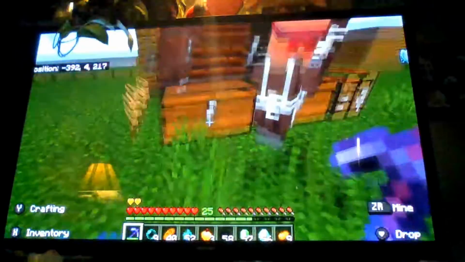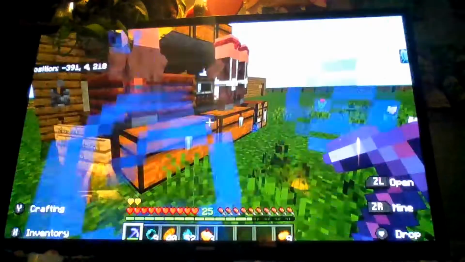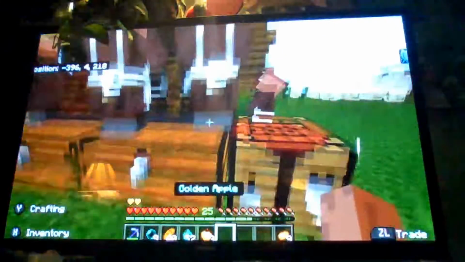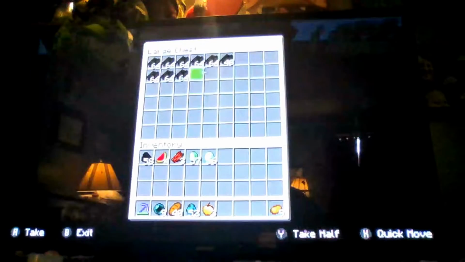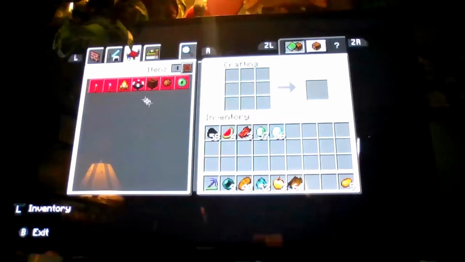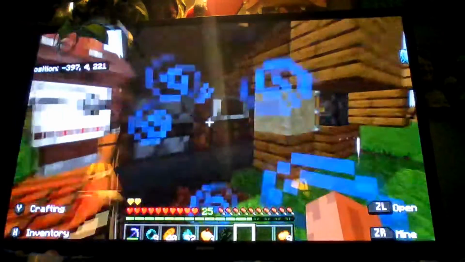And it does a very similar function here. What this design does is it produces dried kelp. And why this is helpful is I can take this dried kelp, turn it into blocks, and then I can put this in my furnace, and now I can cook whatever I want in this furnace. If I want to cook potatoes, boom, potatoes.